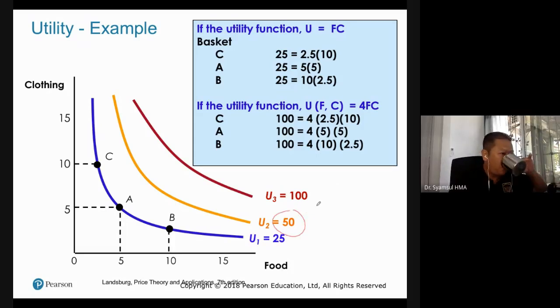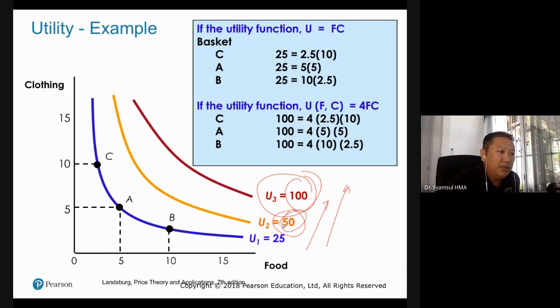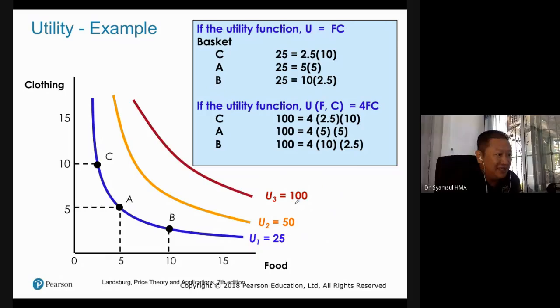The rest? I would prefer this, 100. Why? Remember the assumption? More is better. Remember in the beginning, last week, we talked about that? The more, the better. Why did you choose U2? Balance. Okay, all right. But here you see you only have 50 utility.